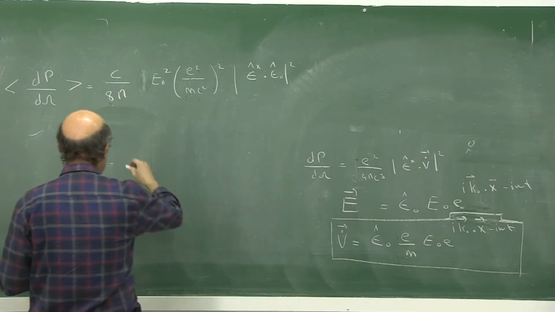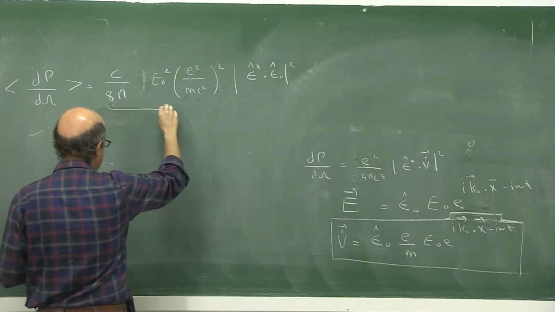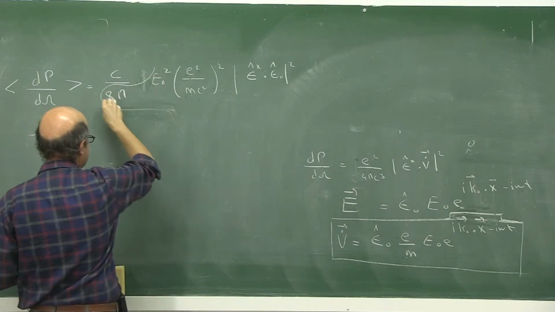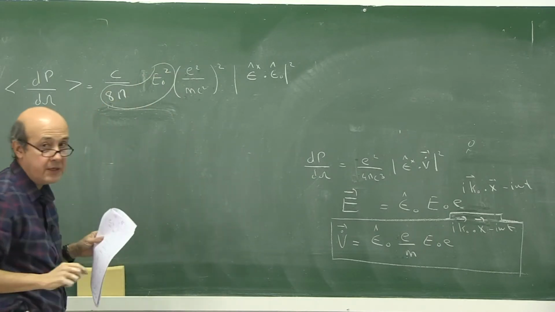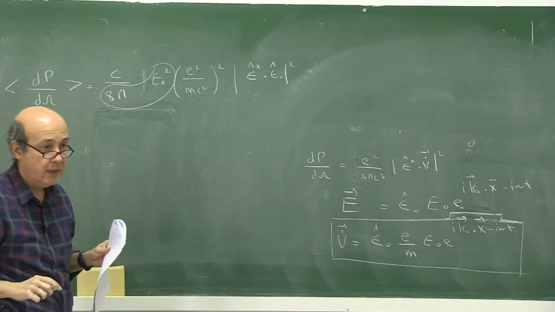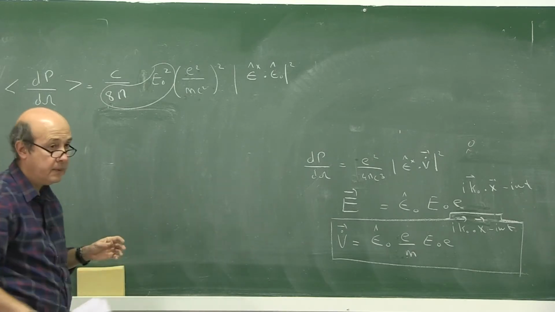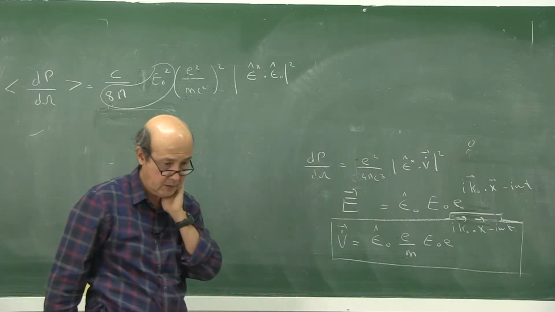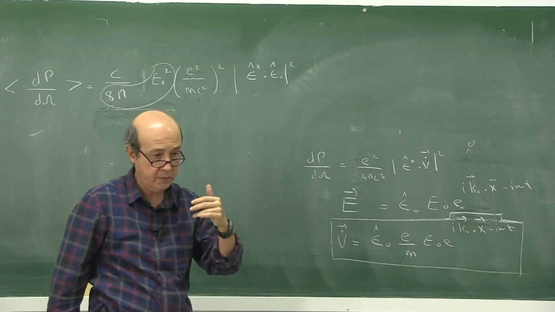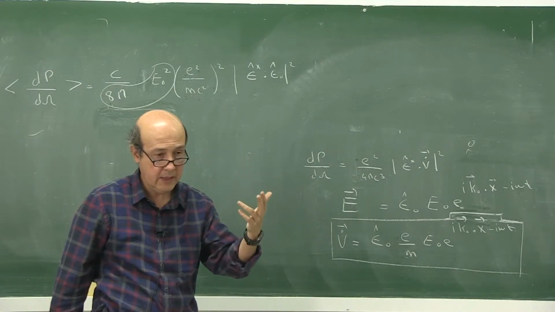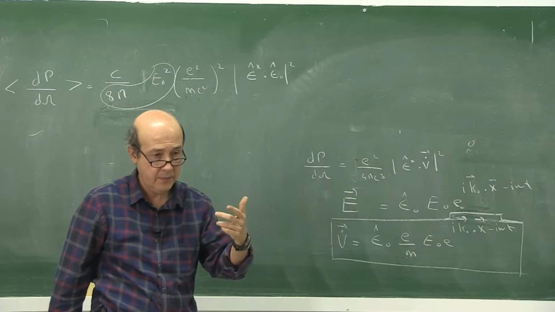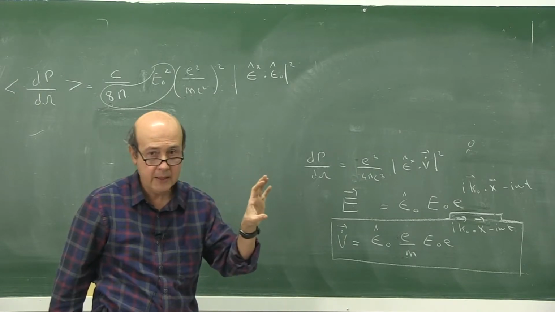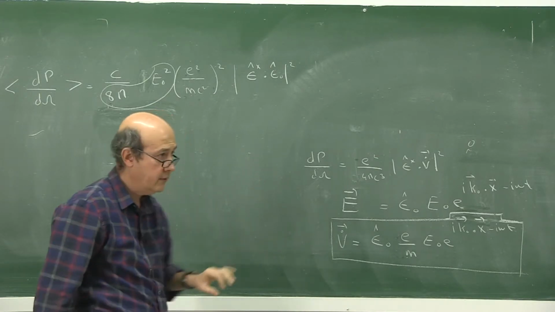And why we write this, we see something interesting here. This piece is the energy density, so energy per volume. If you multiply with the speed of light, what you are going to obtain, unit-wise, is energy per volume times length per second, which makes energy per second per area. That corresponds to the incident energy flux.